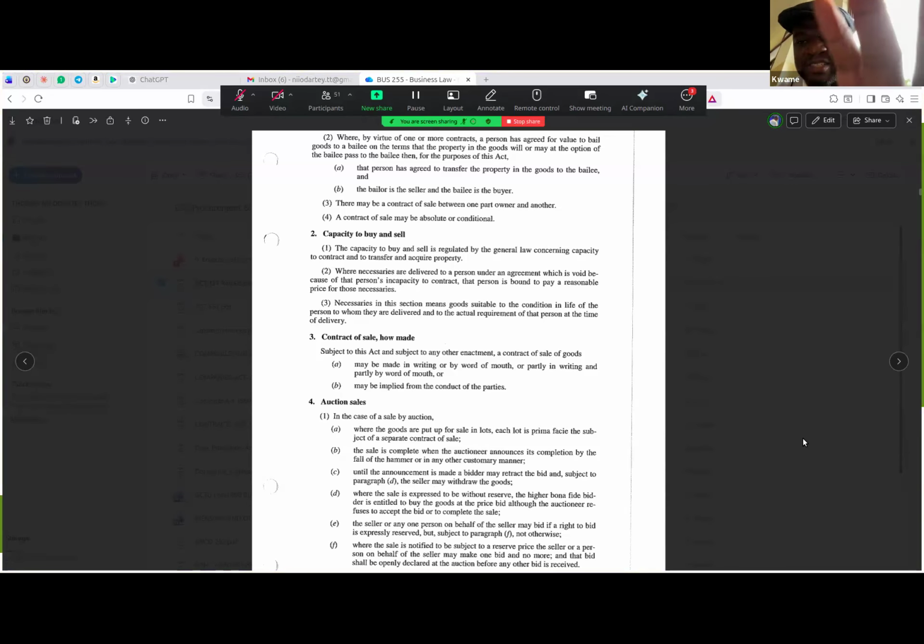Okay, so please, this is what I was explaining, that the person doesn't have capacity, maybe because of the age or because they have an unsound mind, but they have entered into a contract which is a necessary. For example, somebody who has an unsound mind still needs food to eat. So they have to pay. They also have to pay a reasonable price.